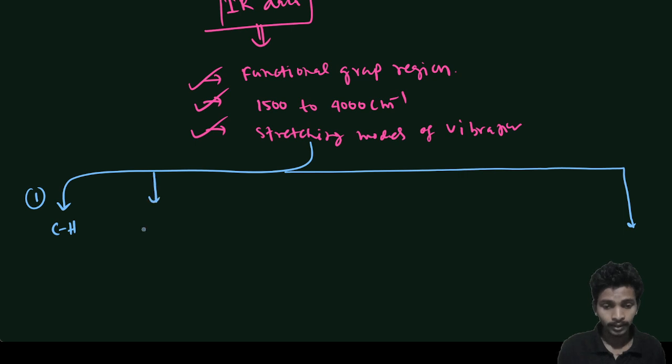And let's say we have CC. So here the polar difference is 0. Okay, so for that we will get some data.